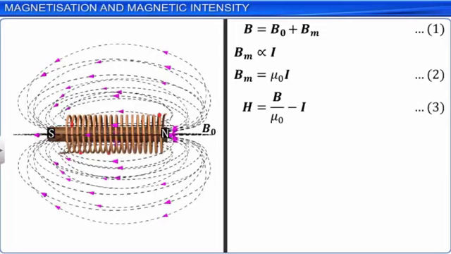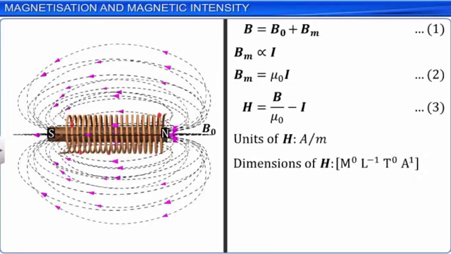That is, the SI unit of H is ampere per meter, and its dimensional formula is M0, L-1, T0, A1. On rearranging the terms in equation 3, we get the total magnetic field inside the material B is equal to mu0 into I plus H. Let this be equation 4.